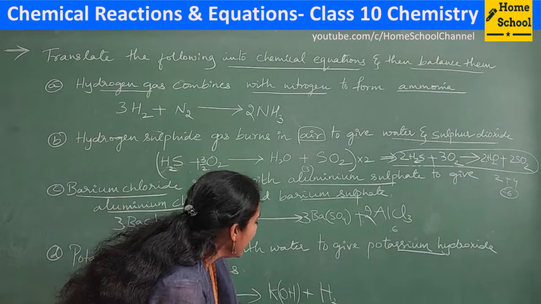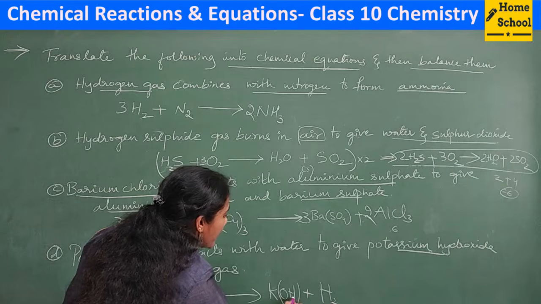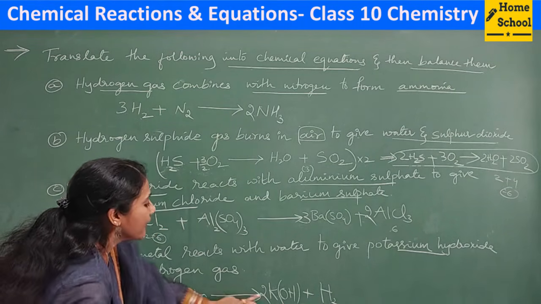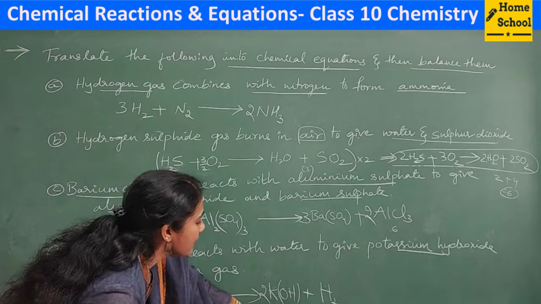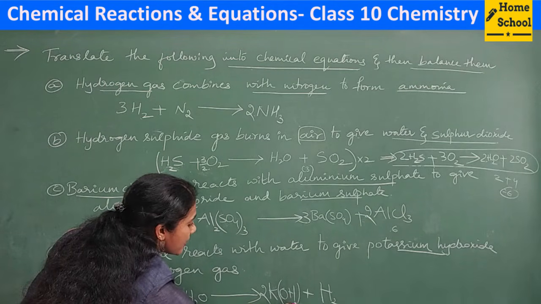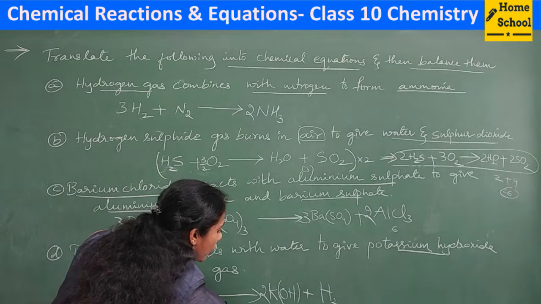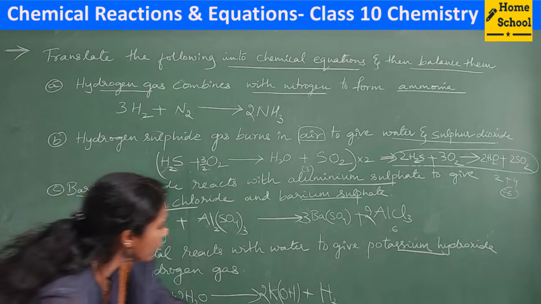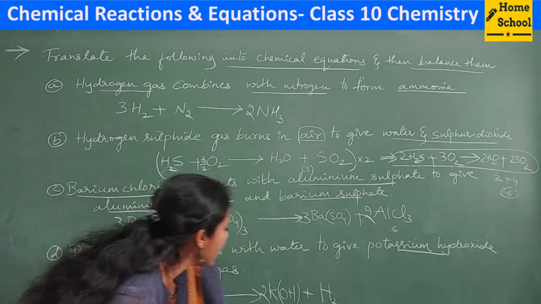Here you have 2 plus 1, 3. So how do you make it 4? Let me put 2 here. This 2 belongs to this hydrogen also. Now it becomes 2 hydrogens plus 2 hydrogens, altogether 4. So here 2 2s are 4. Hydrogens are balanced.